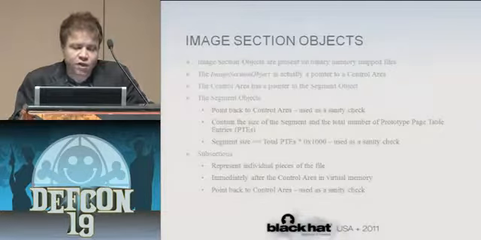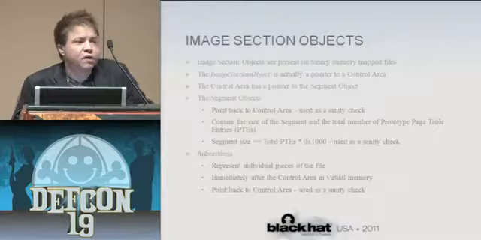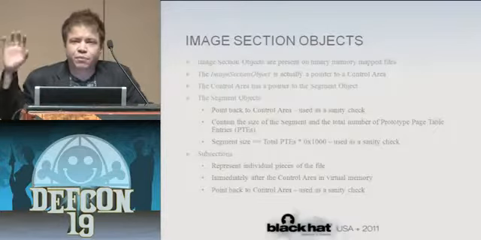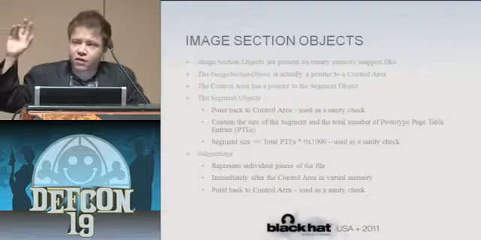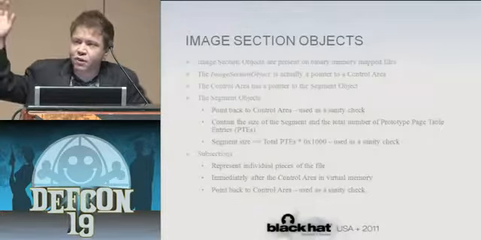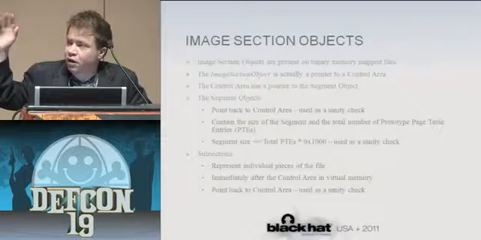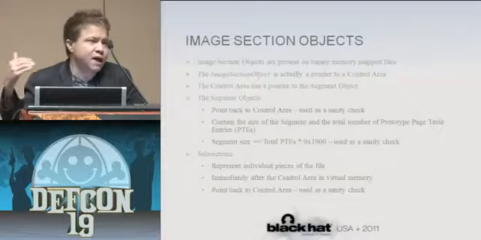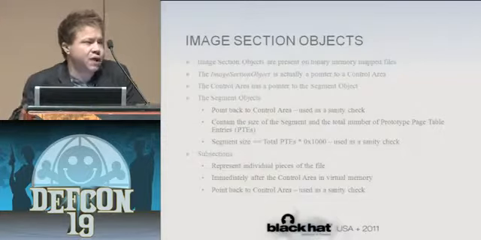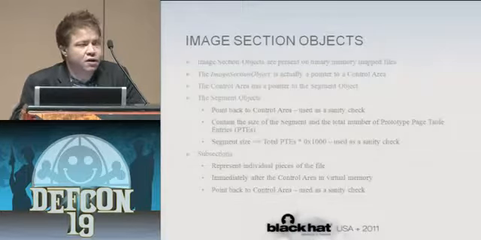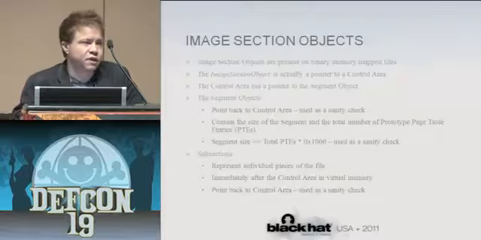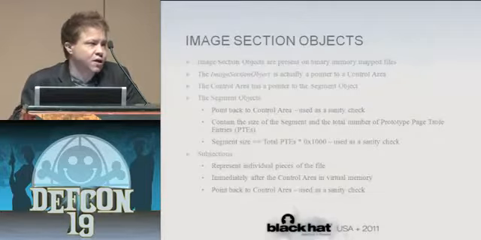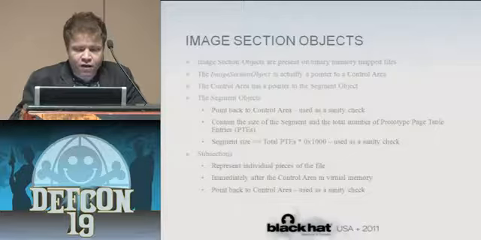So subsections represent the individual pieces of a file. How many here have ever loaded up a PE, a portable executable, in PE View or Lord PE or some other viewer? Basically what you'll see in there is that the PE file is broken into a bunch of sections. There's a code section that's usually called .text, there's a data section, there's a resource section, a relocation section, different things like that.